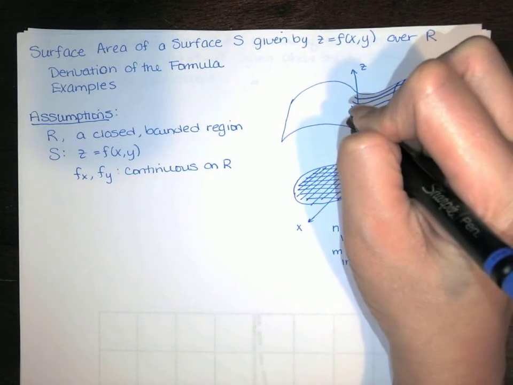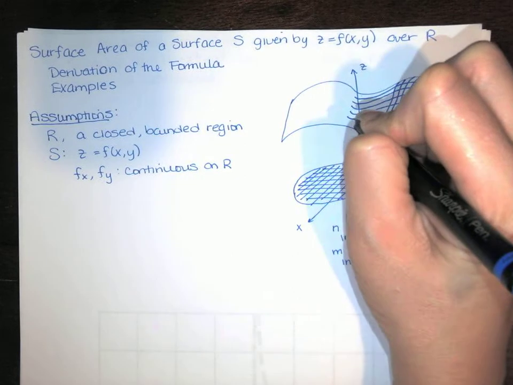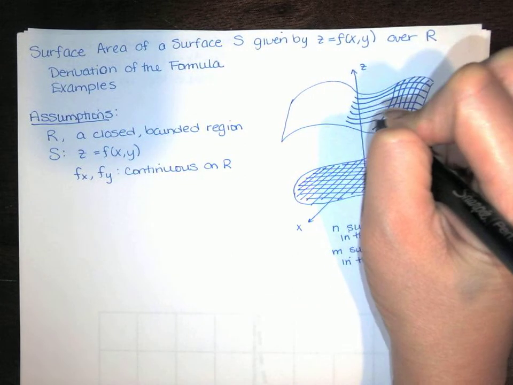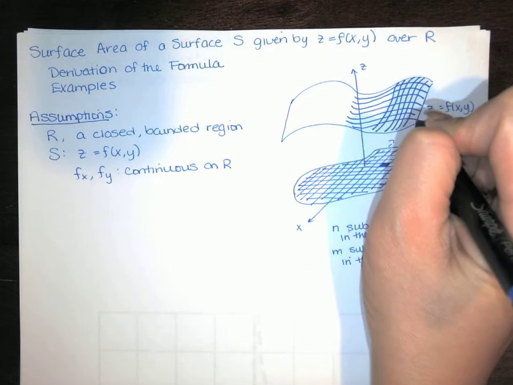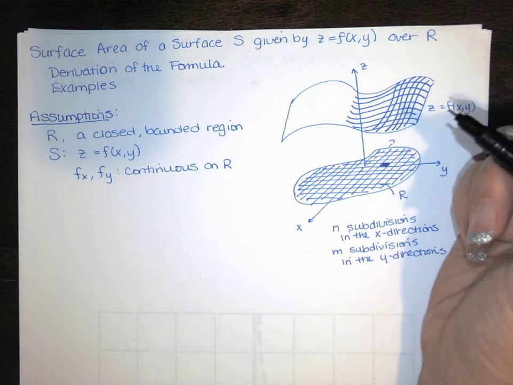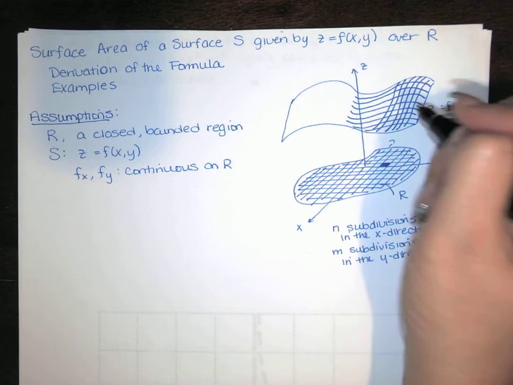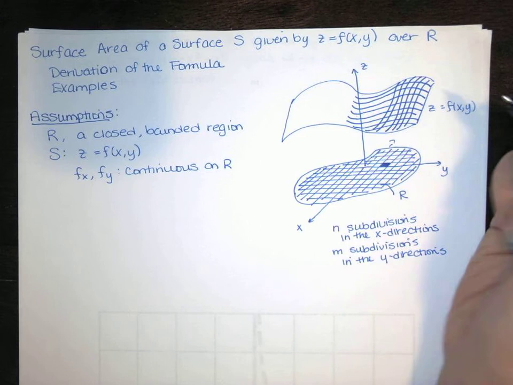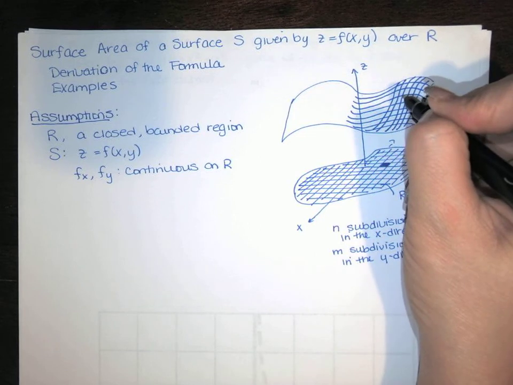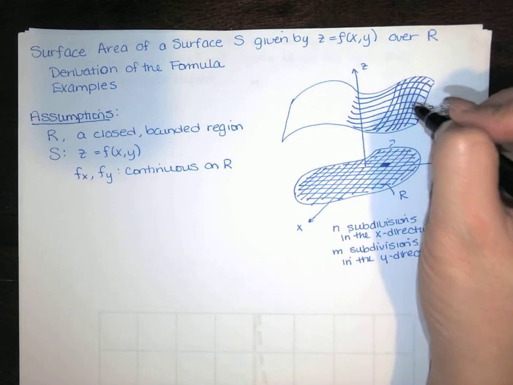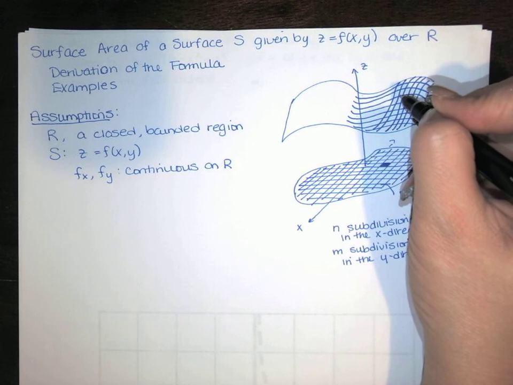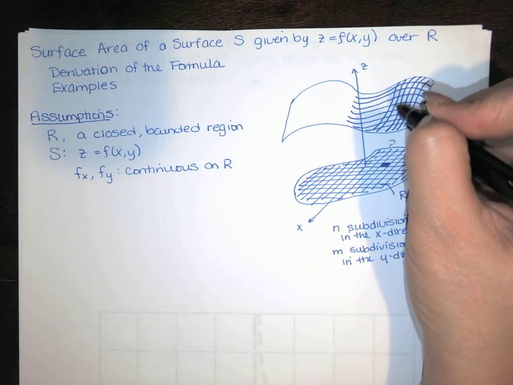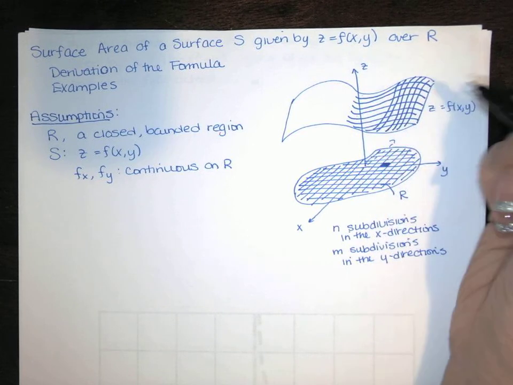Now each of these little pieces of the surface, and I'm not going to do the whole thing, as they're drawn right now, they aren't parallelograms, but I can approximate them with a parallelogram. If I make my grid small enough, this is almost linear and this is almost linear.